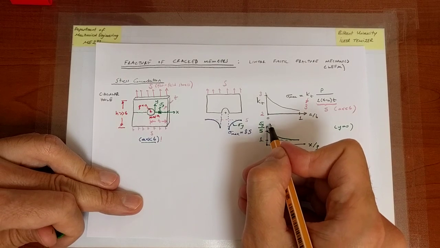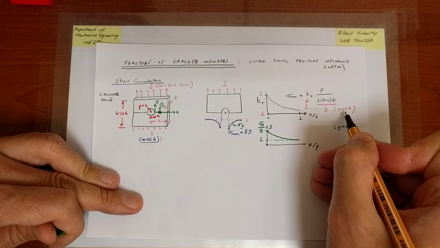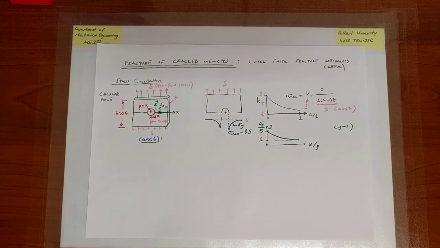The value of 3 is specific to the case when A is much, much less than B. In that case, the stress concentration factor is 3.